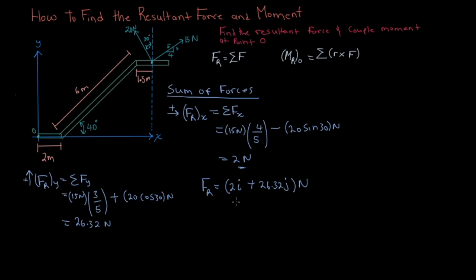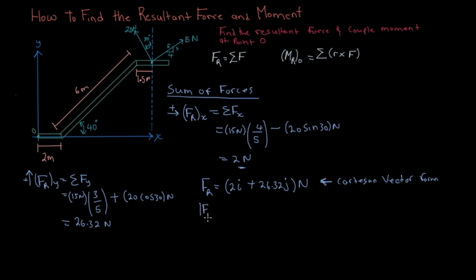Now if you're asked to write it in terms of its magnitude and its angle, then that's easy as well. All you do is just use the Pythagorean theorem on this. So this is the Cartesian vector form right here. And then we can also write this force in terms of its magnitude.